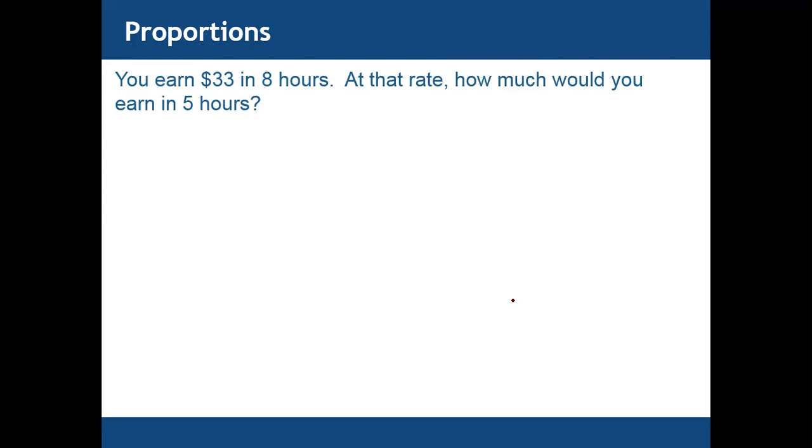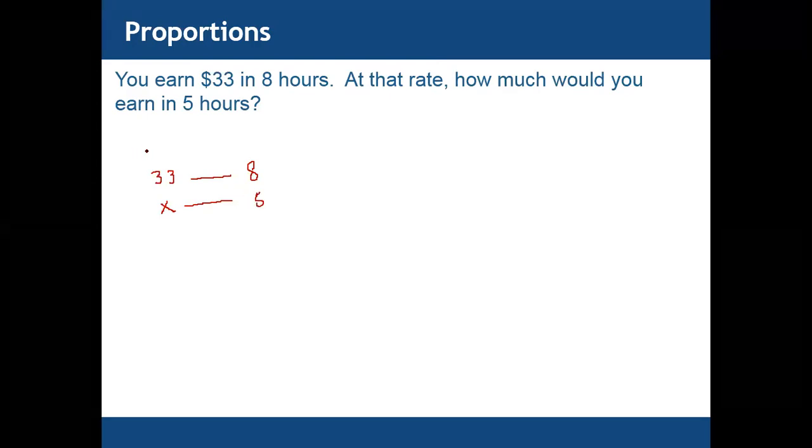One is dollars, one is hours. We have two different things: $33 in 8 hours, and how much in 5 hours.